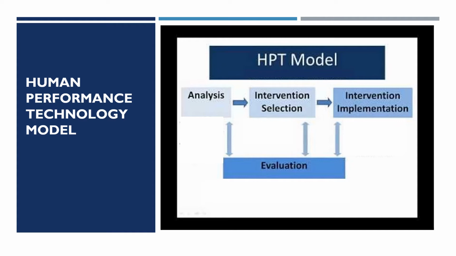These may include measurement and feedback systems, new tools and equipment, compensation and reward systems, selection and placement of employees, and training and development. The interventions are then implemented and the change process managed. Evaluation is done after each phase of the process.